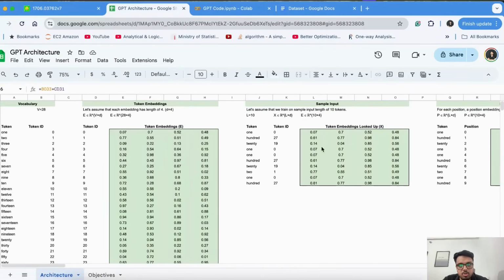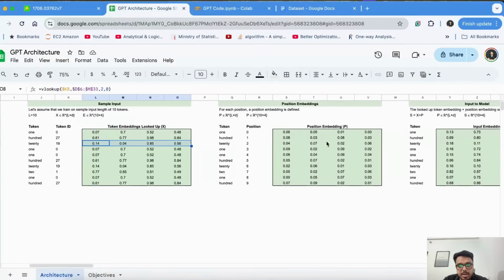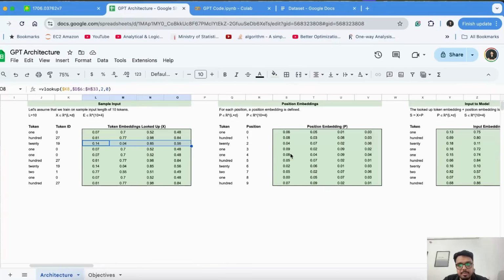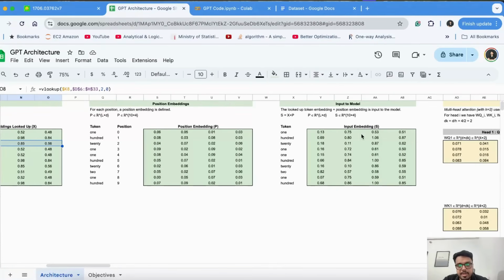For each token ID, it looked up the corresponding embeddings. So this is what this function is doing. Then the position embedding is similar to the position embedding that we defined over here. And then there is a summation of token embedding plus position embedding. So this x plus p is what becomes my input to the model.